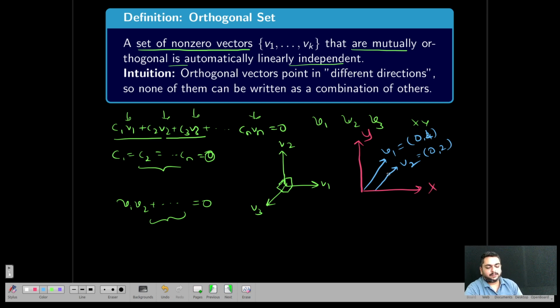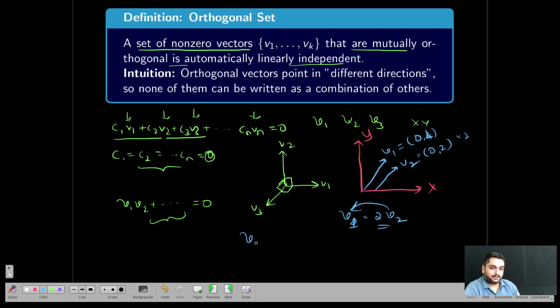They are parallel to each other, meaning they are not orthogonal. Why may they be linearly dependent? Because I can write v1 is equal to 2v2, right? So there is a linear dependency. v2 is dependent on v1. If I scale this by 2 times, I will get this.